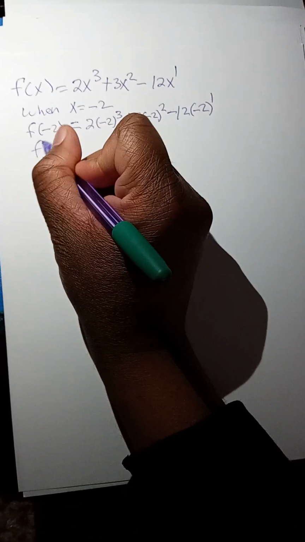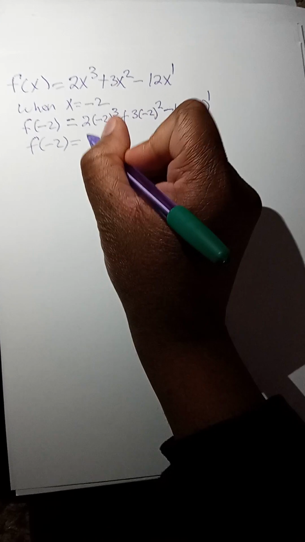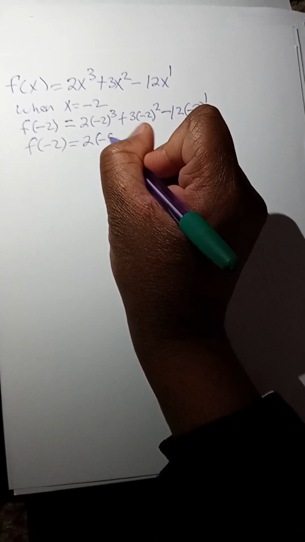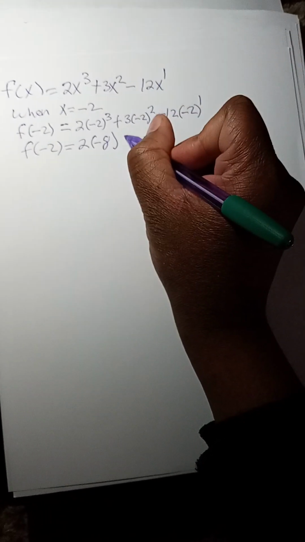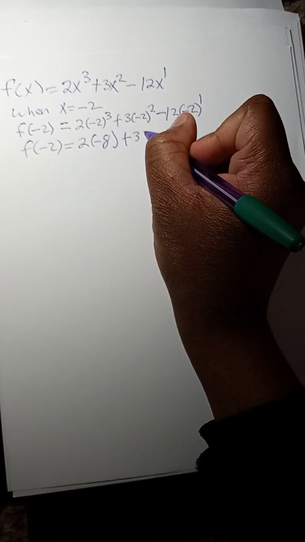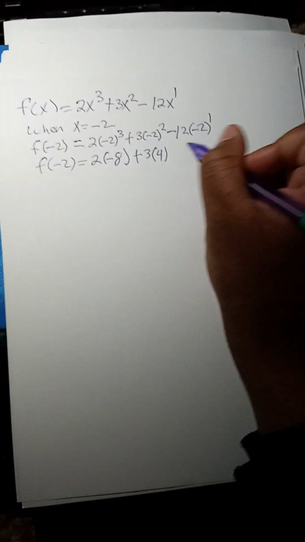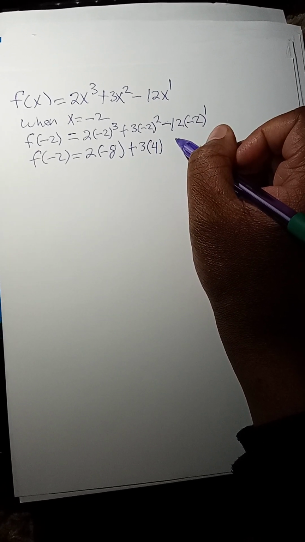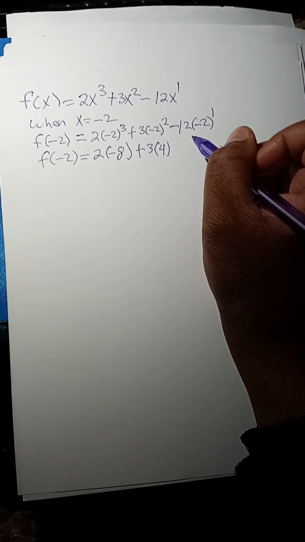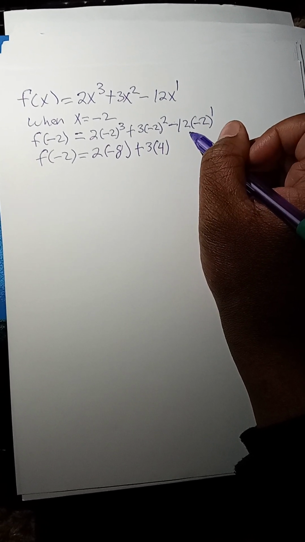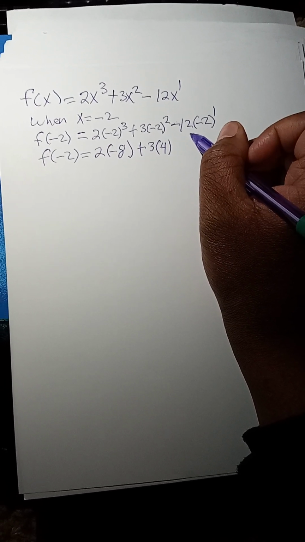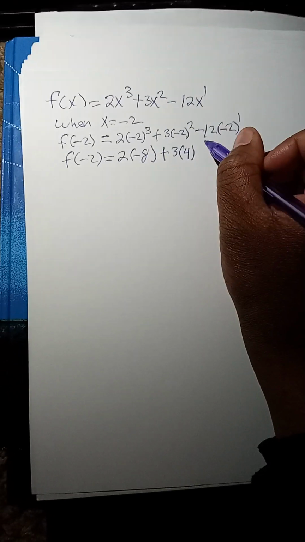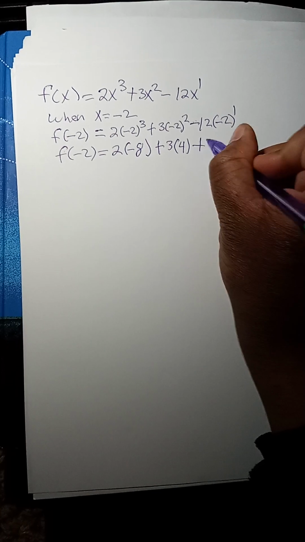So f of negative 2 is equal to 2 times negative 2 to the power of 3, which is negative 8. So 2 times negative 8 plus 3 times negative 2 squared, which is 4. So plus 3 times 4 minus 12 times negative 2 to the power of 1. Negative 2 to the power of 1 is negative 2, and negative 2 times negative 12 is 24, so plus 24.